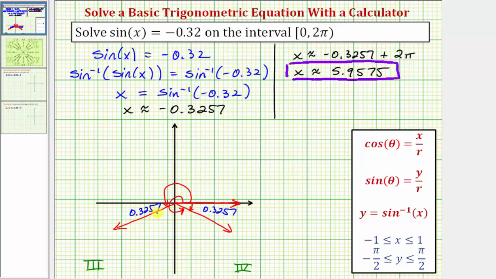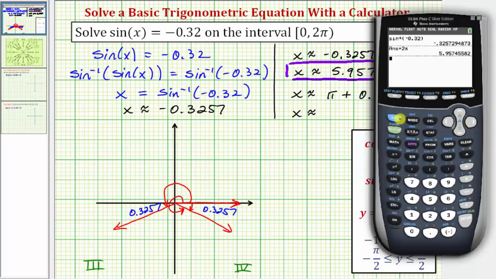So notice how to find the measure of this angle. We would take half a rotation and add 0.3257 radians, which means the solution in the third quadrant would be pi radians plus the reference angle of 0.3257 radians. So now we'll go back to the calculator and find this sum.